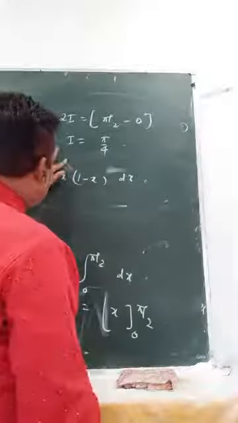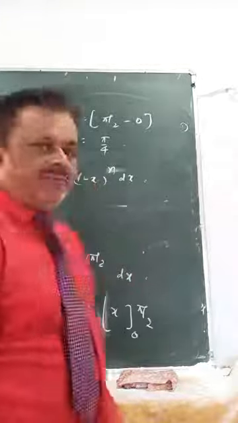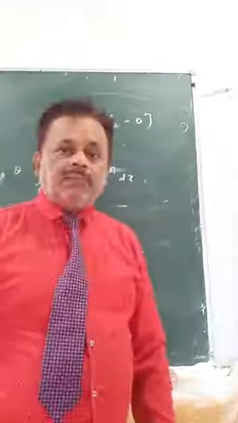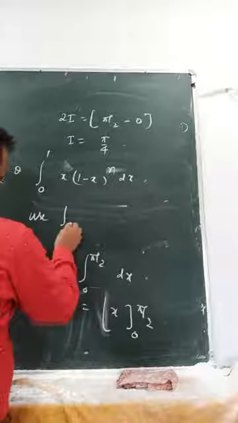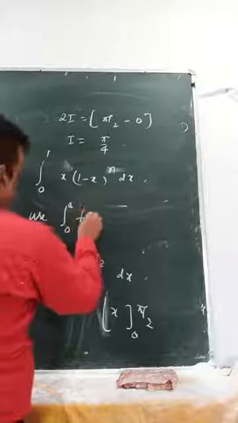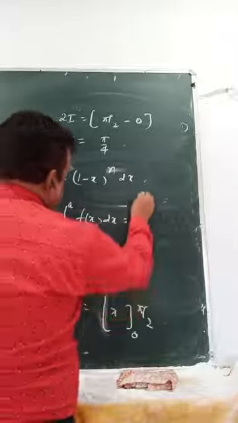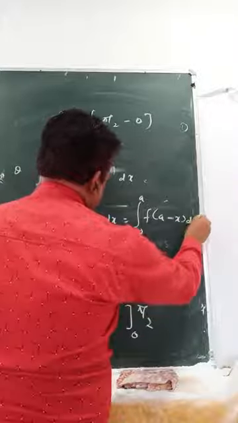But this is not like that. This is in this form. So how to simplify it? We take the help of the formula that will help us simplify. So use integral from 0 to a of f(x) dx equals integral from 0 to a of f(a minus x) dx.